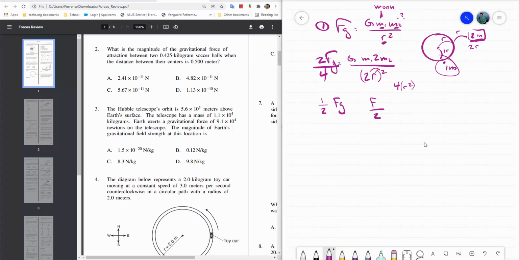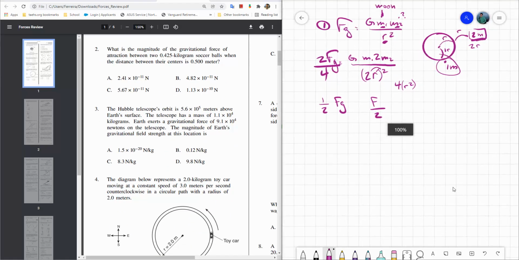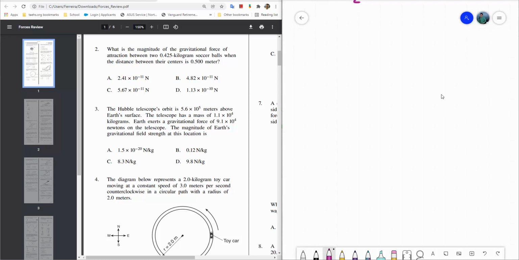2. What is the magnitude of the gravitational force of attraction between two 0.425 kilogram soccer balls when the distance between their centers is 0.5 meters? So here we're going to look at the force of gravity is equal to the universal gravitational constant times mass 1 times mass 2 over r squared.